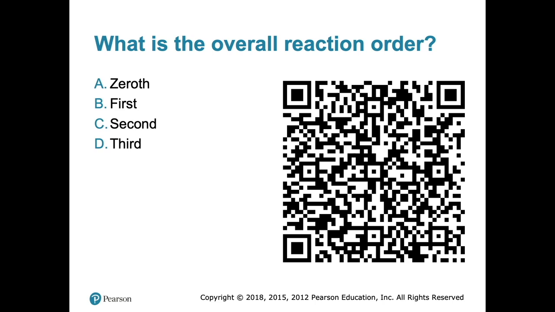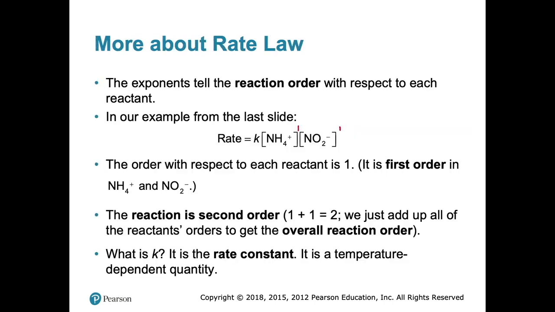The reason is that on the previous slide, we have a reaction order with respect to ammonia of 1, first order, and a nitrite reaction order of 1 as well. A first order plus a first order makes a second order. 1 plus 1 equals 2.